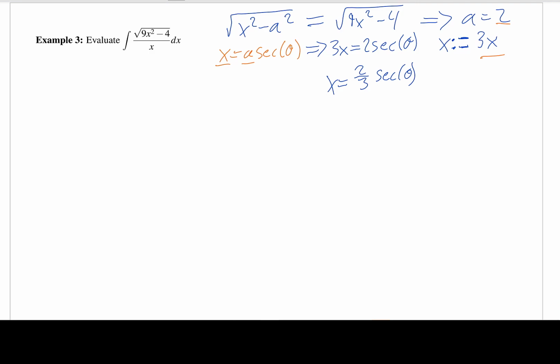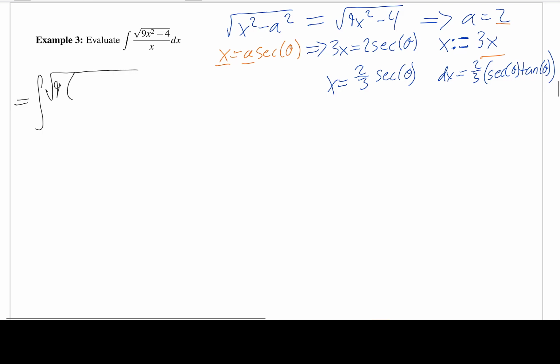And then take a derivative. So we'll have that dx is equal to 2/3 secant theta tan theta. Alright, so now let's plug all of that in. So this becomes the integral of the square root of 9 times x squared.